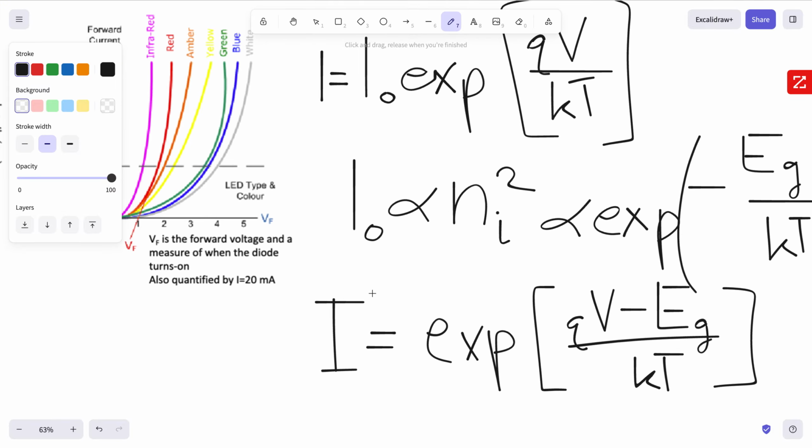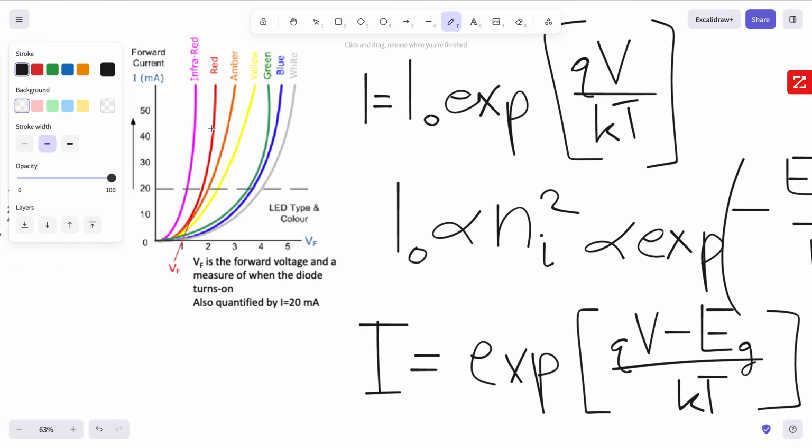And why this is cool is it shows us how the color of the LED is related to the current with which it emits, because as we talked about a couple of minutes ago, the wavelength is related to E sub G. When you have a larger band gap, you have a smaller wavelength of light, which is what causes these lights to form.